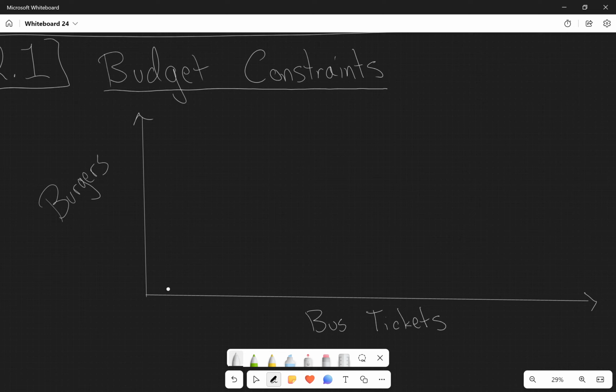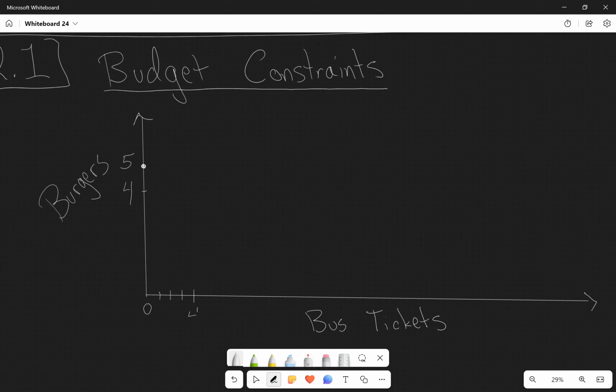And we start out with the situation where we buy 5 hamburgers and 0 bus tickets. That's one of the possibilities for the amount of money that we have and the amount of money that burgers and bus tickets cost. We also find that if we wanted to sacrifice one of those hamburgers and have 4 hamburgers, well, then because of the cost of hamburgers, that means that we could have 1, 2, 3, 4 bus tickets.